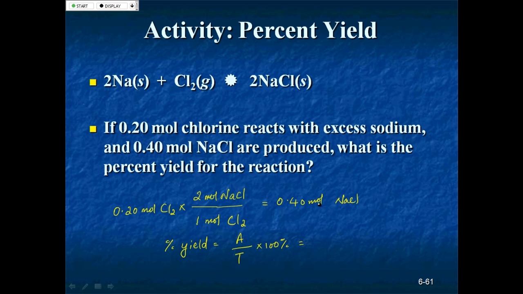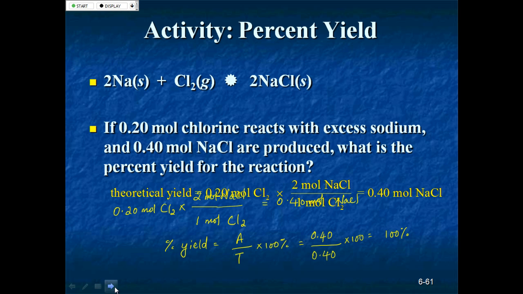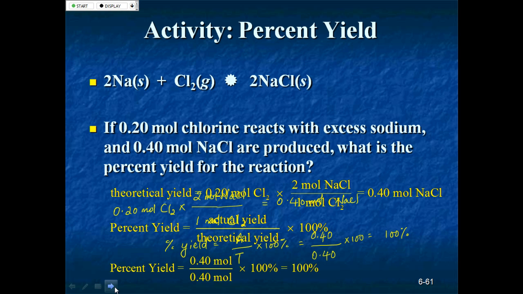So your actual, which is given in the problem, is 0.40 divided by, you just calculated the theoretical yield, which is also 0.40, multiplied by 100, means 100% yield. That is what you will get in this problem.